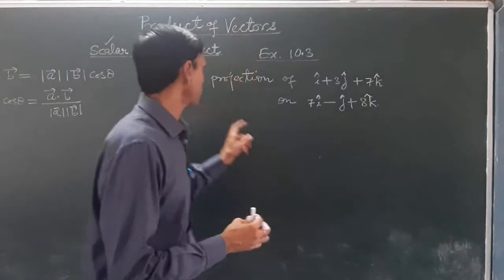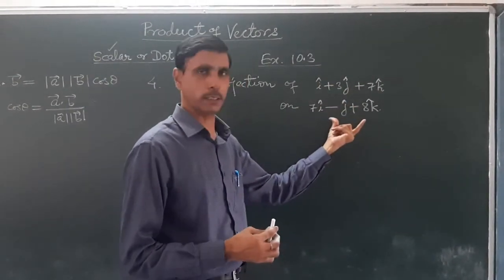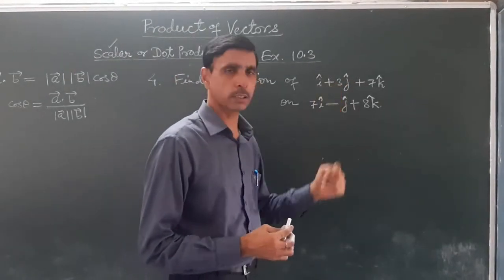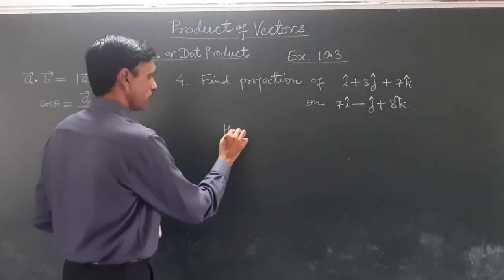This is fourth question. Find the projection of this vector on this vector. यहाँ किसका प्रोजेक्शन किस वेक्टर पे लेना है बड़ा इंपॉर्टेंट है. तो इसका सोल्यूशन देखिएगा.